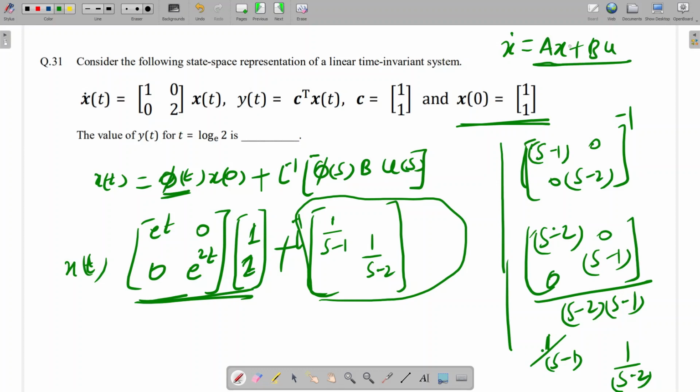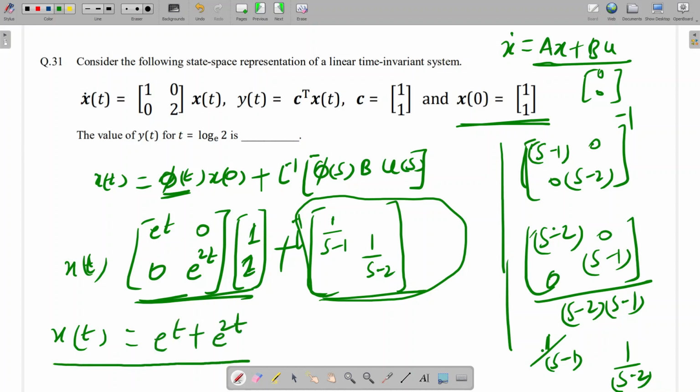If nothing is there in the B matrix, then we can assume that B is 0. If B is 0, this term will be 0. So x of t will be equal to e to the power t plus e to the power 2t. Correct?